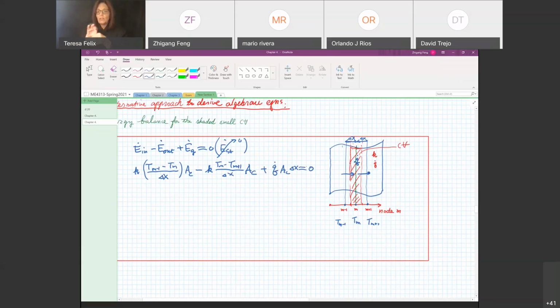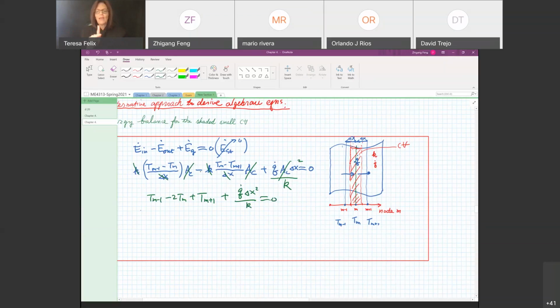So now we can simplify this equation a little bit. First, we can cancel out A sub C, because each term carries A sub C. And then we divide each term by K. And again, we multiply each term by delta x. So now we have T sub m minus 1 minus T sub m, another minus T sub m coming out, so 2 T sub m, and the minus becomes plus Q dot delta x squared over K equal to 0.